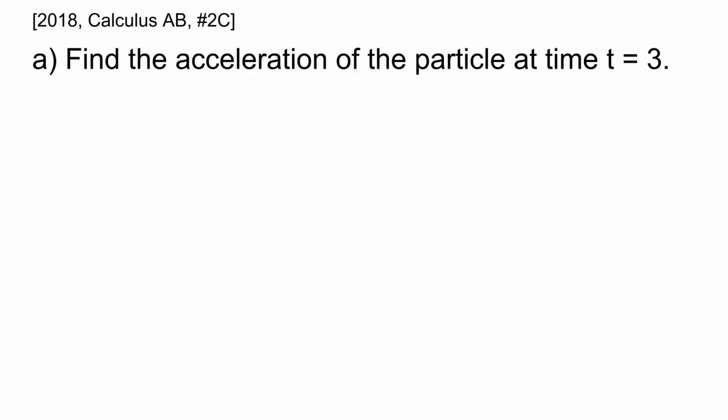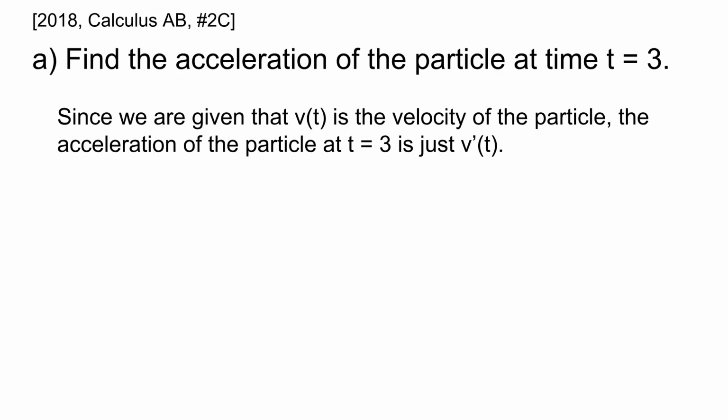In part A of the question, we are asked to find the acceleration of the particle at time t equals 3. Since we are given that v of t is the velocity of the particle, the acceleration of the particle at t equals 3 is just going to be v prime of t.